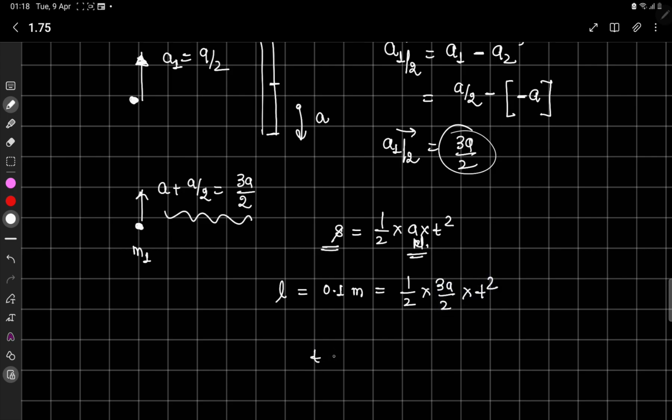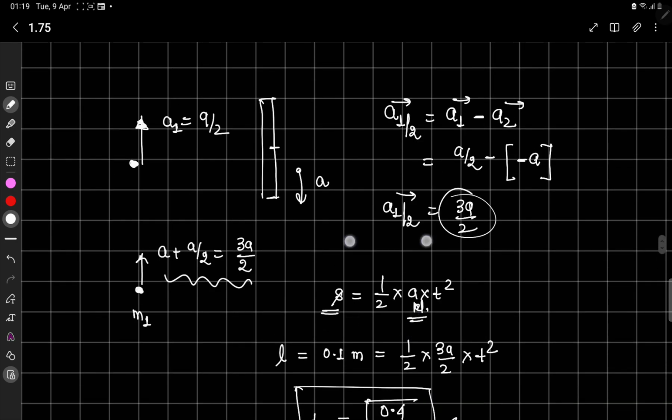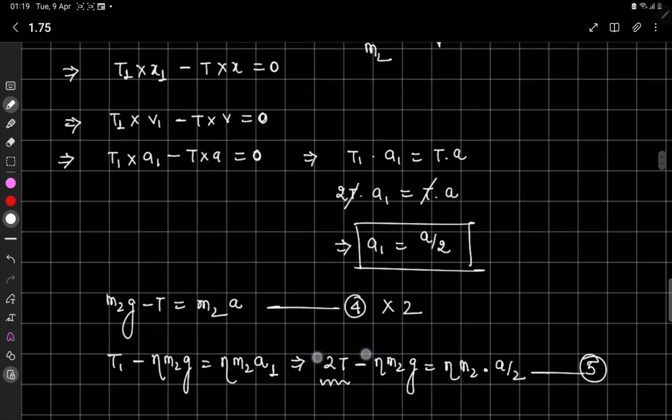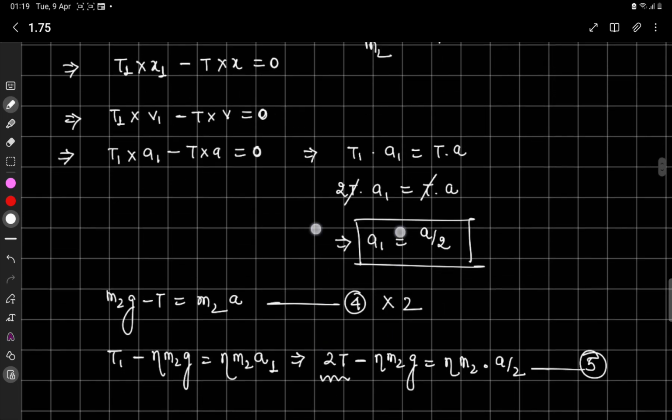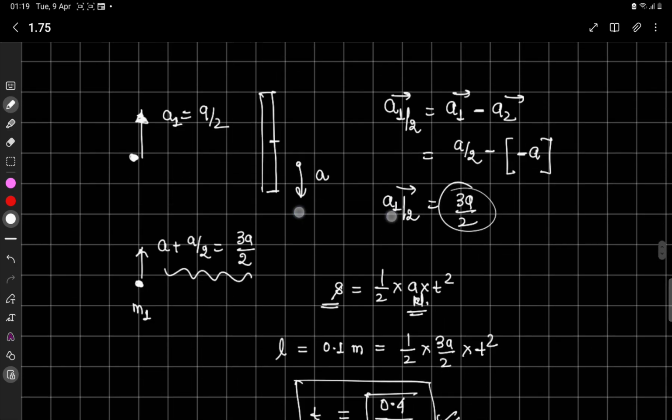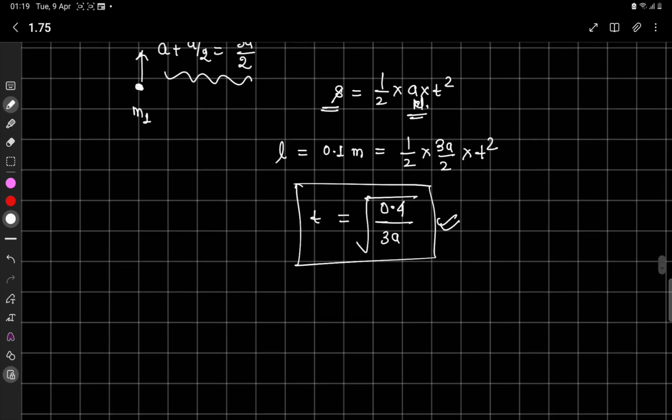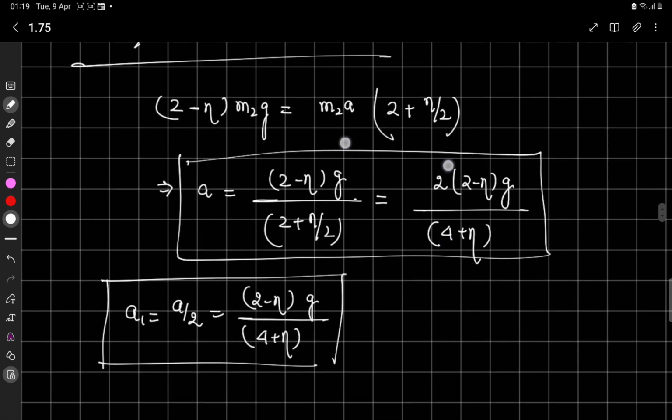So from here we can determine t is equal to the square root of 0.4 divided by 3a. So this is the time taken by ball 1 to move from the bottommost point to the uppermost point of the rod m2. Okay, I hope this is clear.